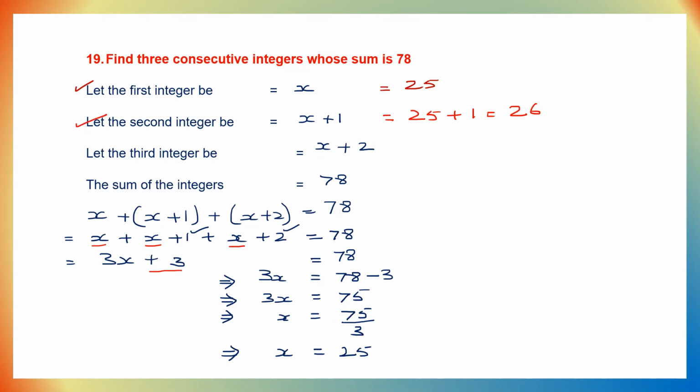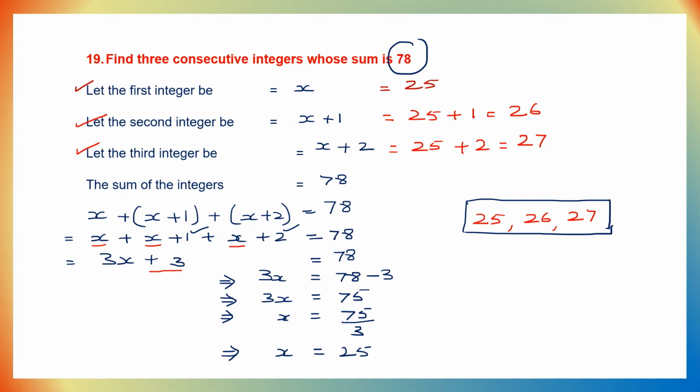The third integer is x plus 2, so 25 plus 2 is 27. So we have found the three consecutive integers, that is 25, 26 and 27. You can check your answer by adding up these three. It should come to 78. So this is our final answer. The three integers are 25, 26 and 27.